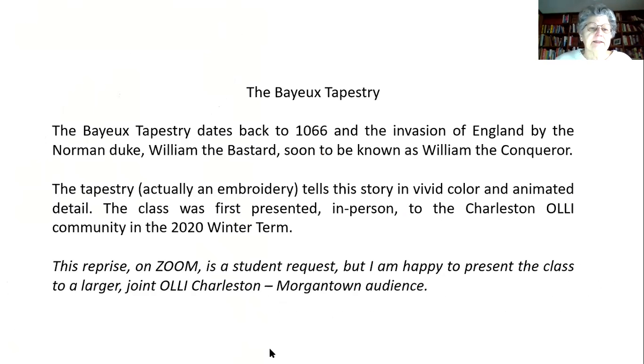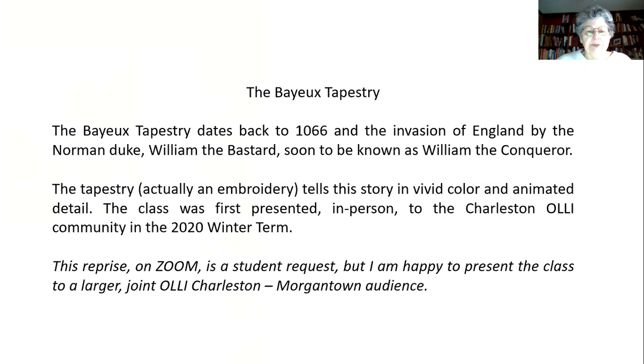The next class I'll be presenting is the Bayeux Tapestry. It was completed within a couple of years of the narrative that it portrays. In 1066, William the Bastard, a Norman duke, crossed the North Sea and English Channel, invaded England, conquered, killing Harold, the king at that time, and becoming the new king of England, known as William the Conqueror.